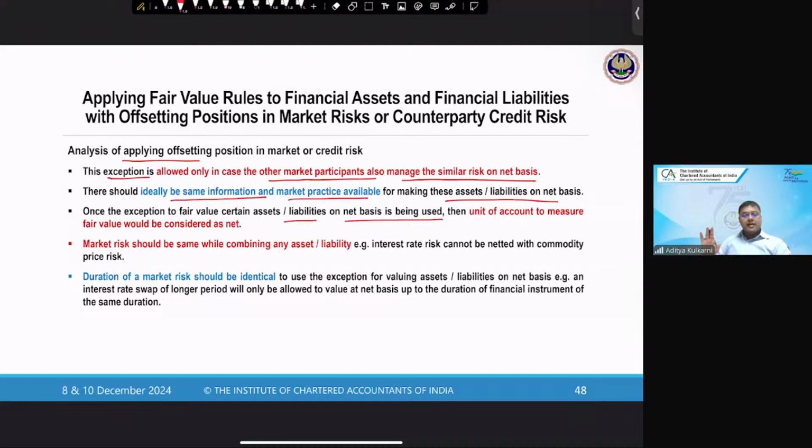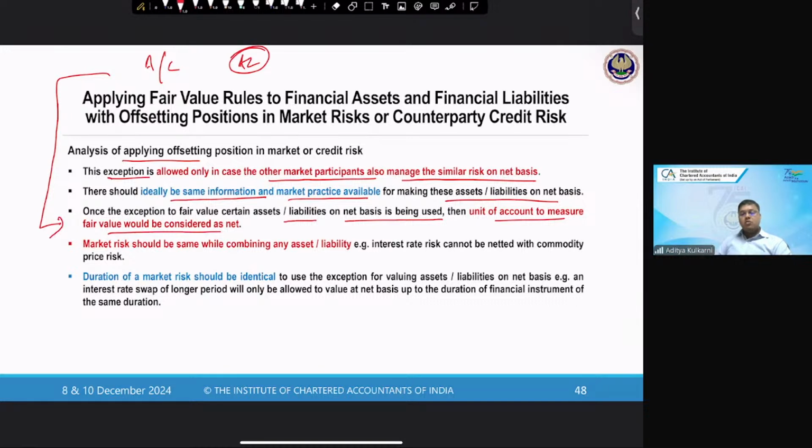Once the exception to fair value certain assets or liability on a net basis is being used, once I come to a net basis valuation, unit of account we studied in the last class, you remember? What was unit of account? It is either a standalone asset or a standalone liability or a group of assets and liabilities. Yes or no? Yes, sir. So in this case, if I go for a net setting, the unit of account would be considered as net.